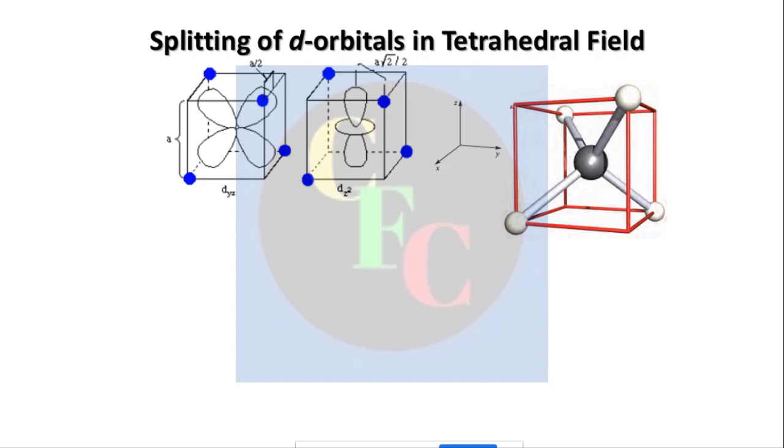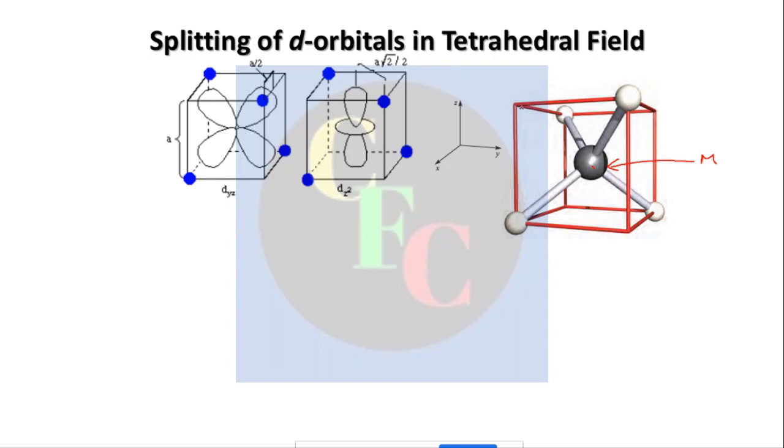Now think of this as a cube, the diagram on your right hand side. If you put an atom, say the metal atom, at the center of the cube, and you put 4 ligands in such a way that you put one ligand in alternating vertices or corners of the cube.